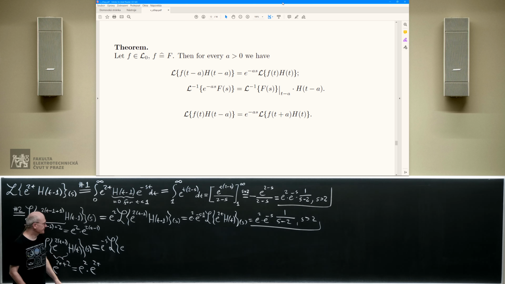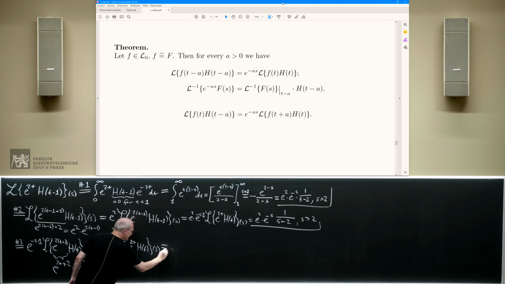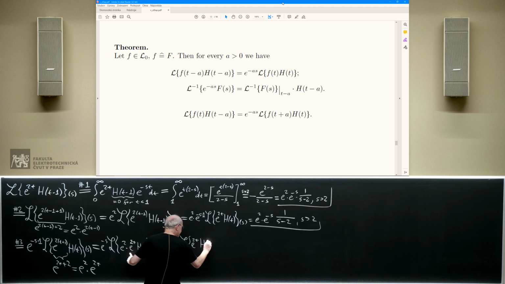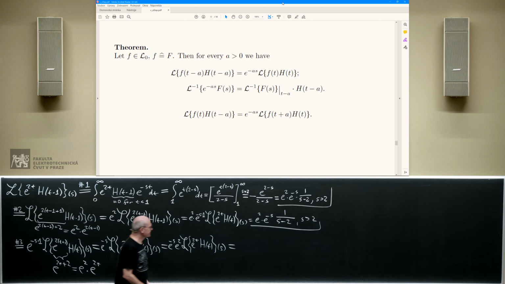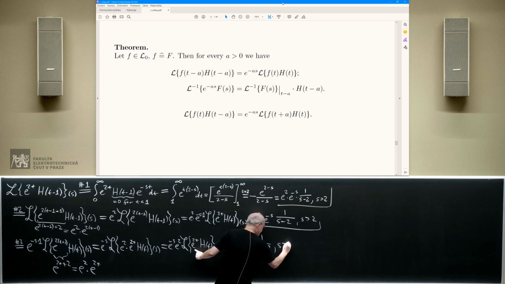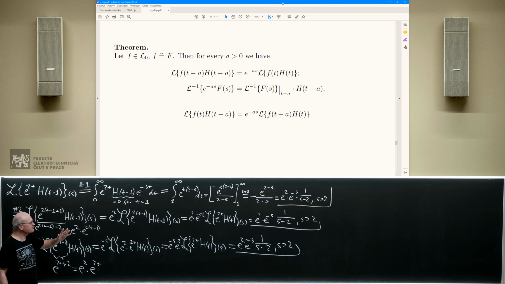Now I will pull out e squared, and I'm just applying the Laplace transform to e to the 2t, Heaviside function. And let's see, it's e squared e to negative s, and the Laplace transform of e to the 2t, I did it a few seconds ago, so I remember how it goes. And we have the same answer for the third time.